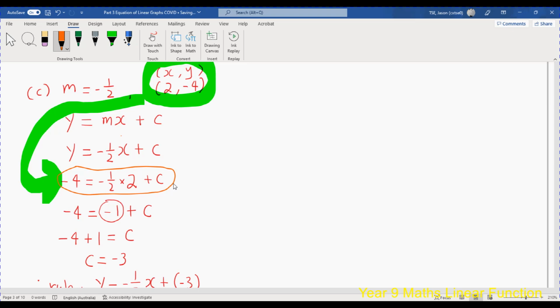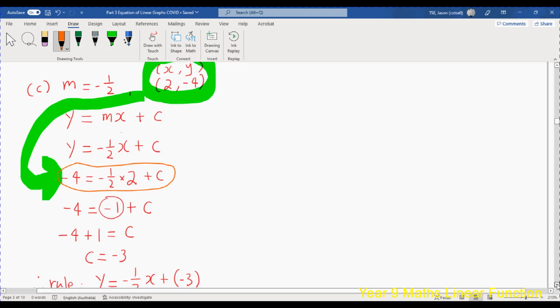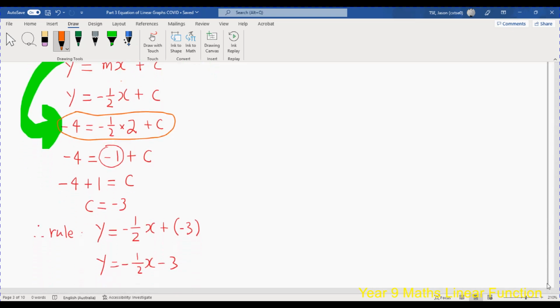So what you can do is still use the slope-intercept form. You stick to that form, but you substitute the information as much as possible. If you've got the gradient, good, put the gradient into the equation, and then they will give you a pair of coordinates called x and y. Then use x and y to do the substitution. Then all of a sudden, you are able to find c. Don't forget to put m and c into this equation.